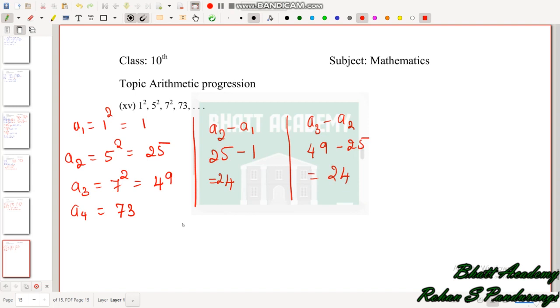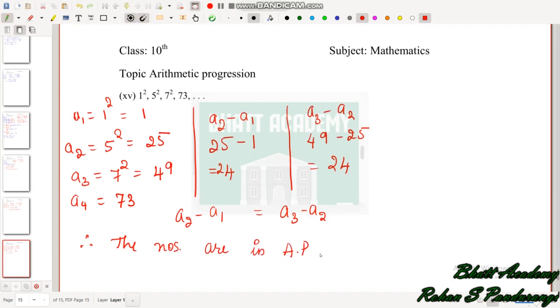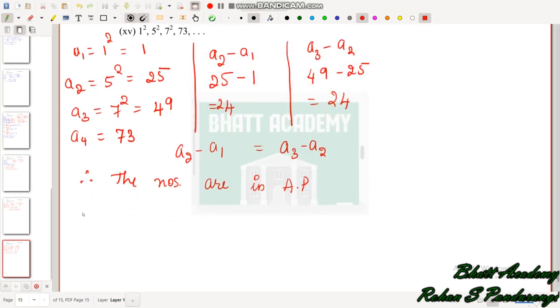So a2 minus a1 is equal to a3 minus a2. Therefore the numbers are in arithmetic progression. Okay, so now we need to find the next numbers, that is a5, which is a4 plus d, that is 73 plus 24, that comes out to be 97.